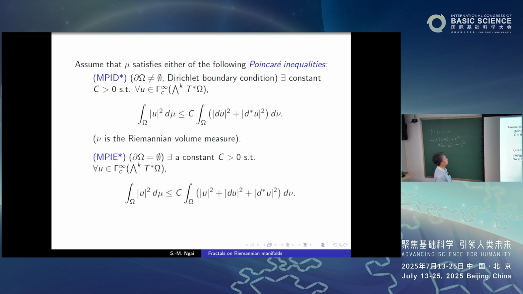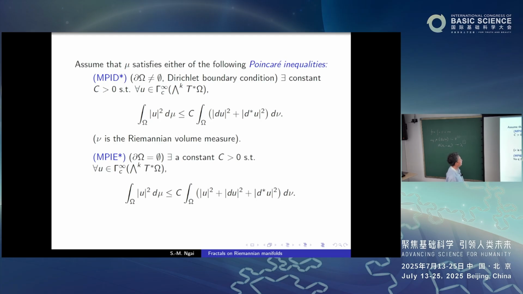we need conditions just like the Poincare inequality we mentioned. So we divide this into two cases. One is with a non-empty boundary, with the usual boundary condition, and the other is the empty boundary condition.